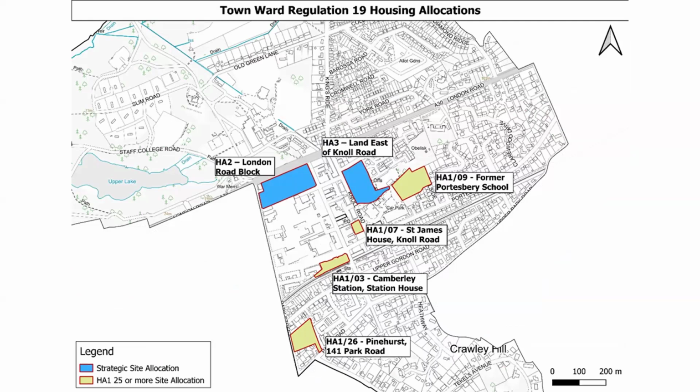We then have a number of other allocations in this ward, including Camberley Station, which is allocated for 150 units. St James's House, which is on Knoll Road and is allocated for 30 units. The former Portsbury School, which is allocated for 36 units. And Pinehurst at 141 Park Road, which is allocated for 32 net extra care units.